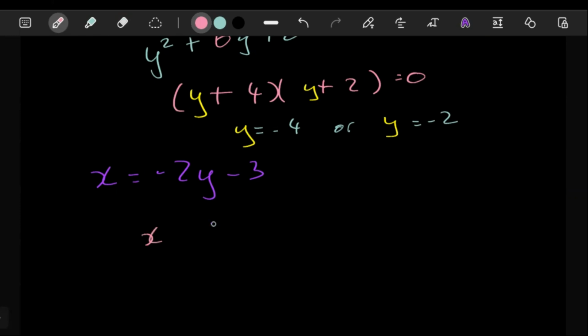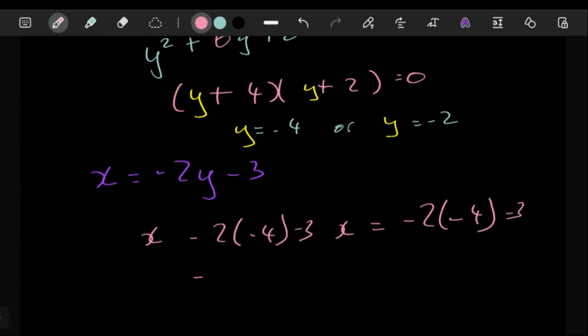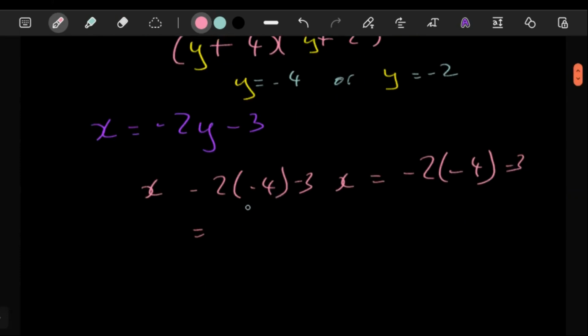For x negative 2, the y value is negative 4, and then here x is equal to negative 2, y value is negative 4, minus 3. Negative 8 minus 3 is what? Yeah, negative 8 minus 3.